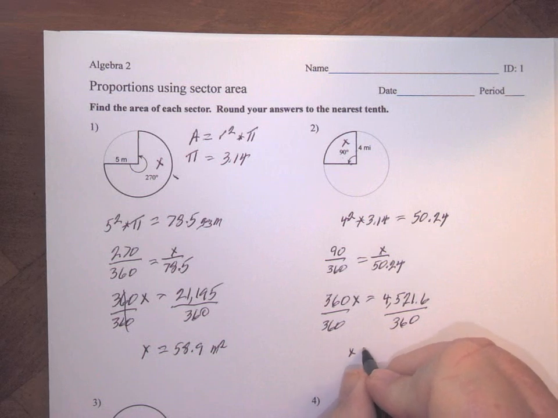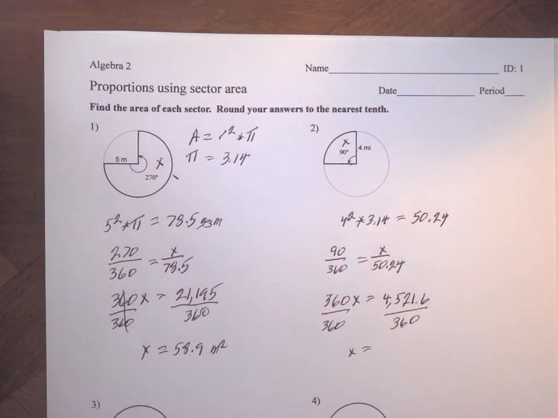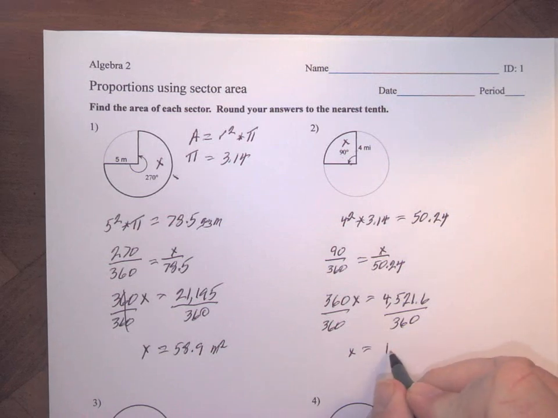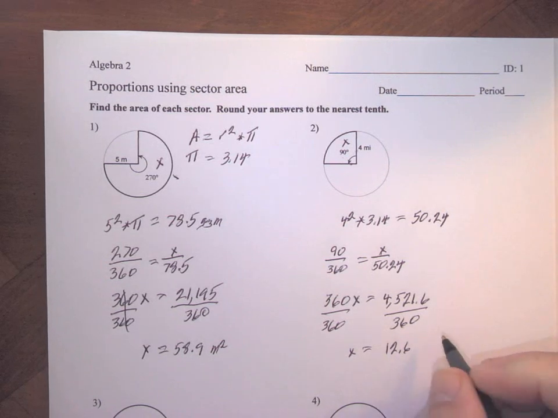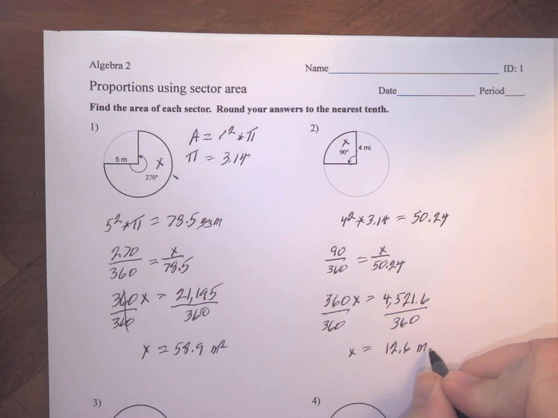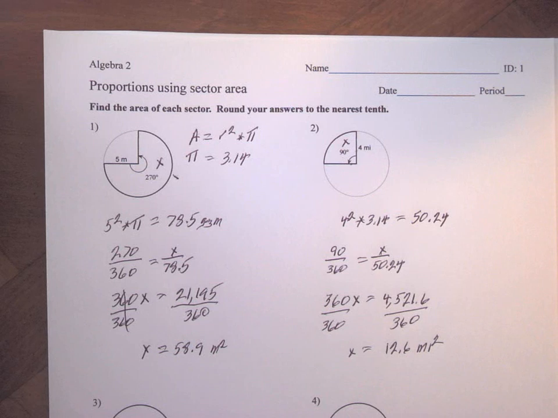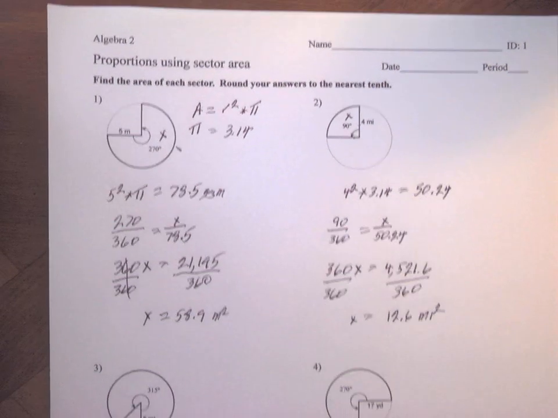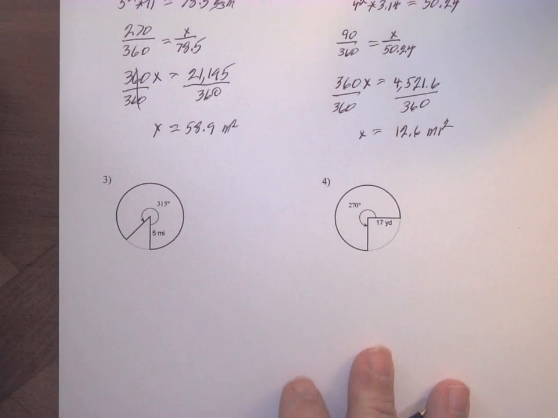So x is equal to 4521.6 divided by 360, which gives us 12.6. So it's 12.6 square miles. Okay? You know, it's the same routine we've had before. The only difference is we're talking about areas now.